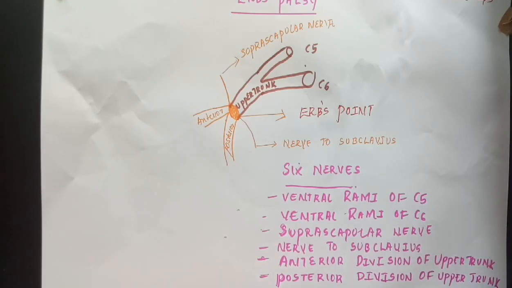These are the 6 nerves converging at Erb's point on the upper trunk of the brachial plexus.